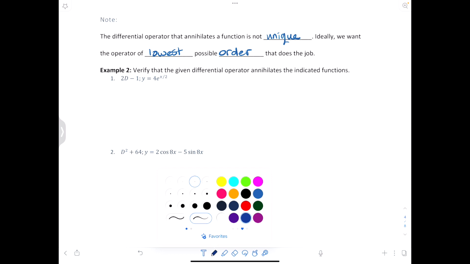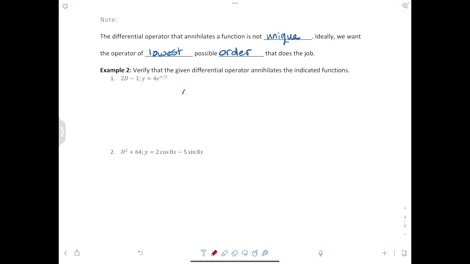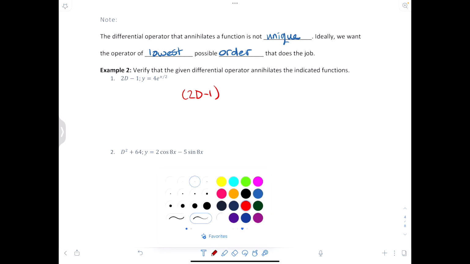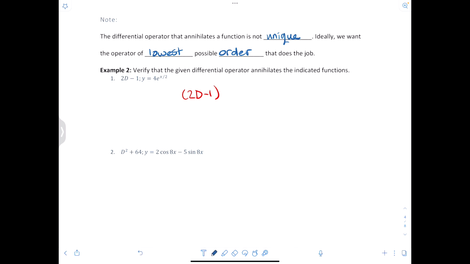If the product (2D minus 1) times the function 4e to the x over 2 is equal to 0, then 2D minus 1 annihilates it. So what is it equal to?